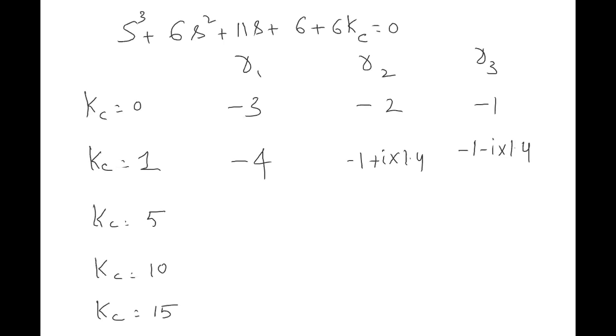What are the roots when Kc is 5? I am getting minus 5 by 2. Are you getting the same thing or something else? Minus 0.39 plus 2.59 into i. When Kc is 10, you know the roots: minus 6.